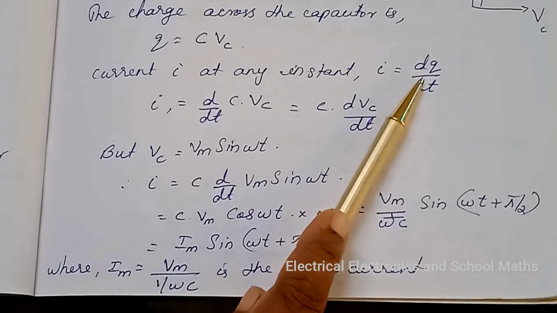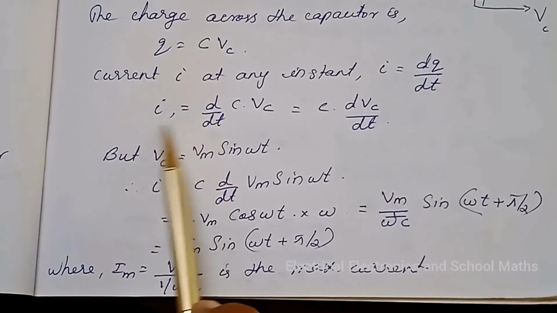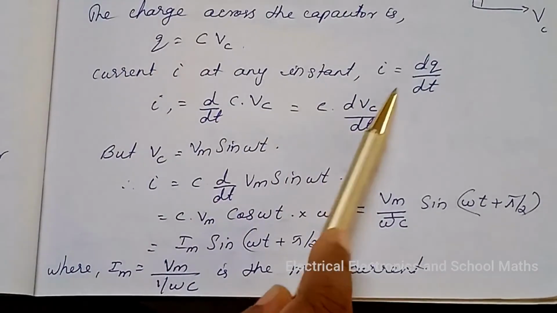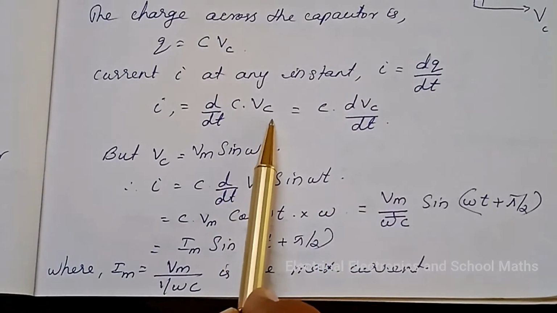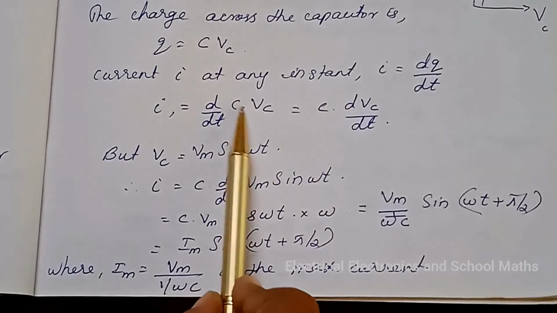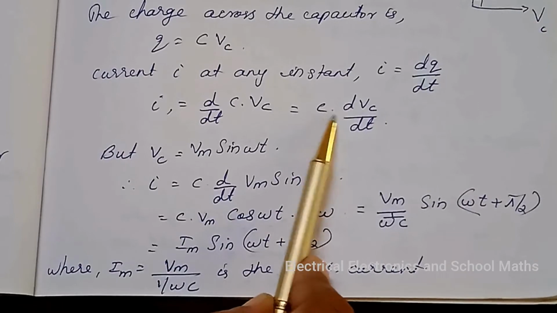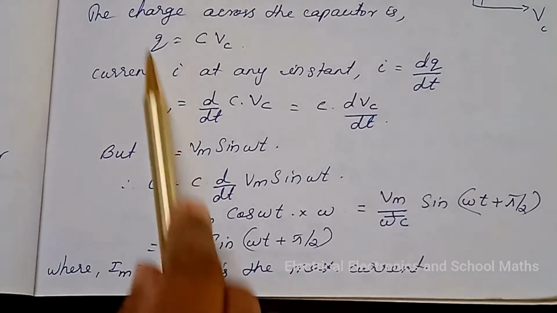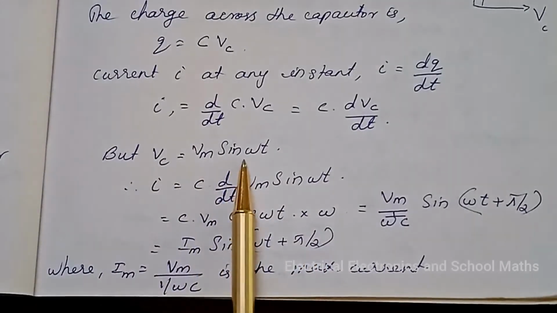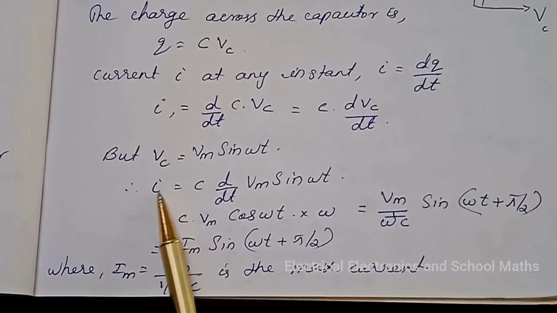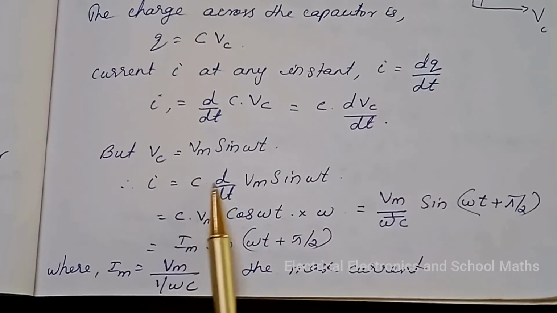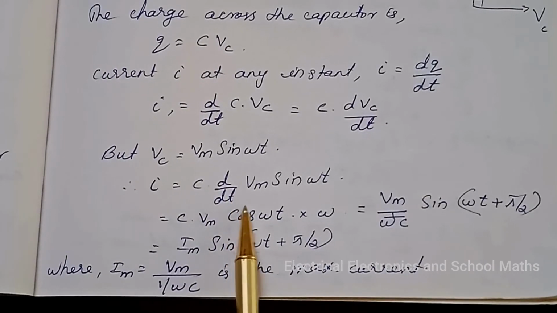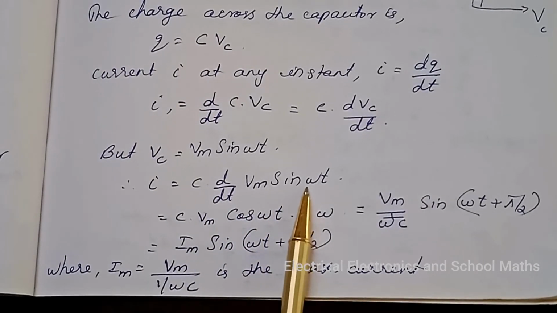The charging current I at any instant is I equal to dq by dt. Then substitute for the value of Q. Then we get I equal to d by dt of C into Vc, and C is a constant. Then we get C into dVc by dt. But we know Vc is equal to Vm sin omega t. Then we get I equal to C into d by dt of Vm sin omega t.